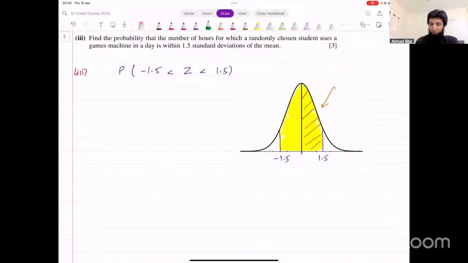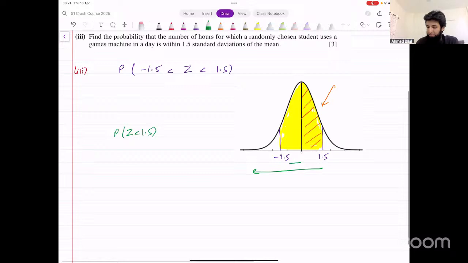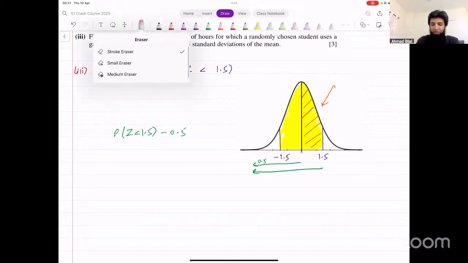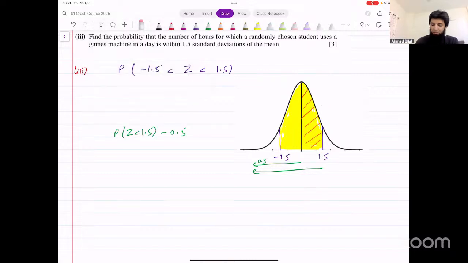What's that going to be? Probability of Z being less than 1.5, right? Minus this region, we know that is 0.5. So this minus 0.5, that will give you 1/2 of that shaded region, right? You will get this shaded region from that.